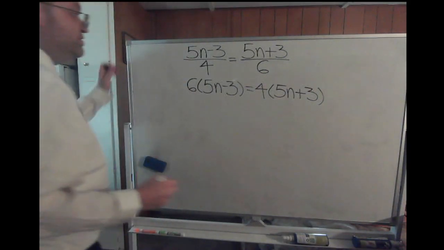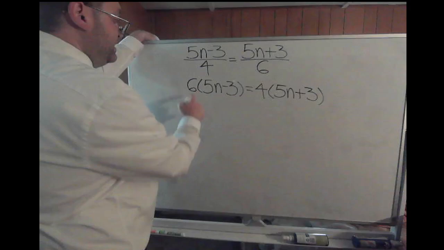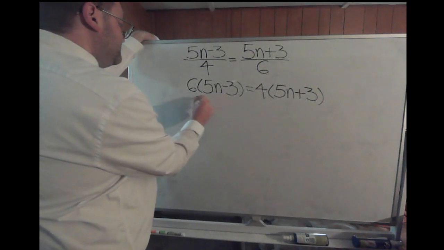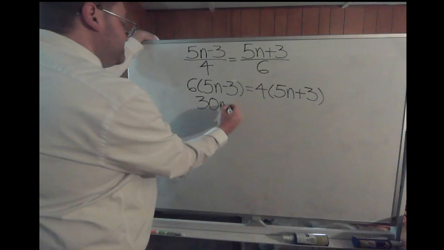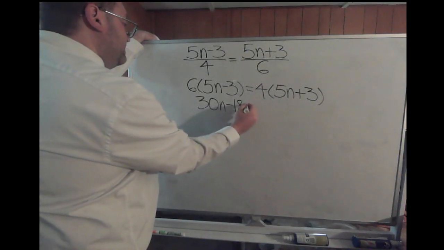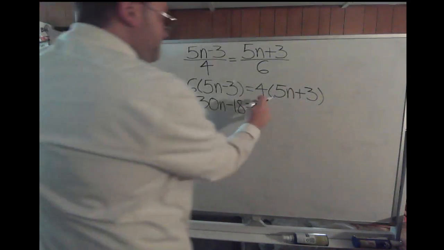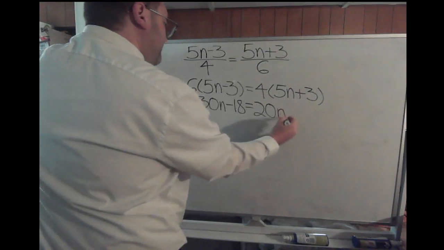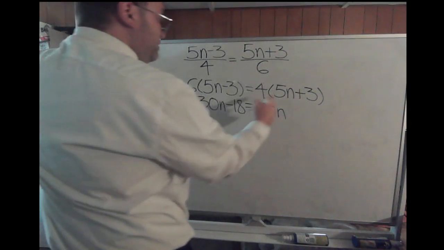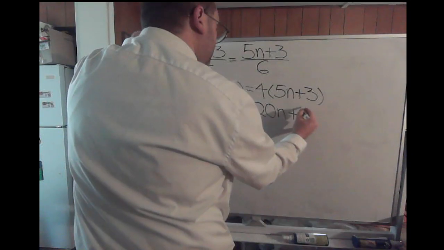Alright, so now we do the distributive property on both sides. 6 times 5n, that is 30n. Minus 6 times 3, that'd be minus 18. That'd be equal to 4 times 5n, that's 20n. Plus 4 times 3, that's 12.